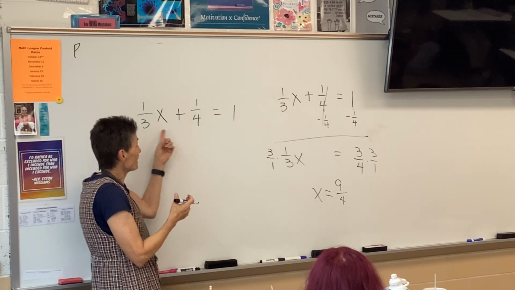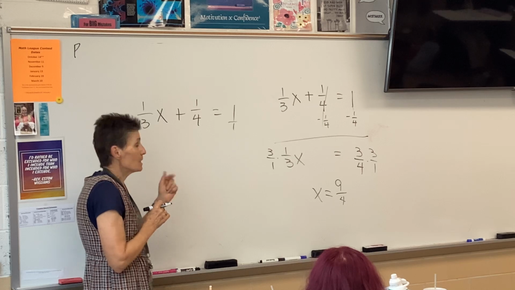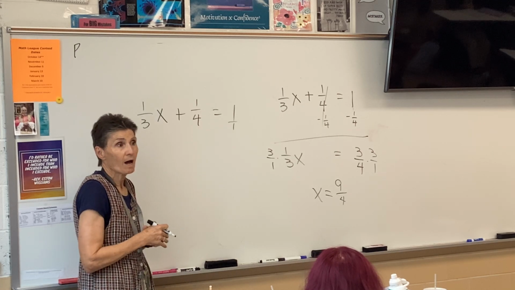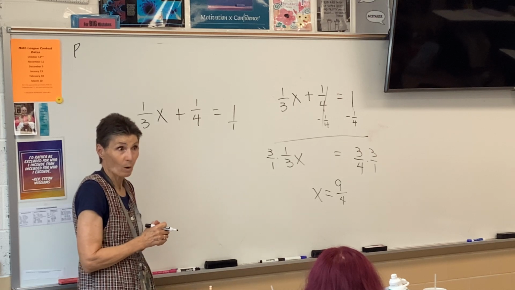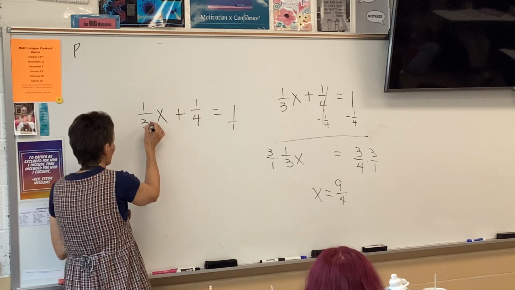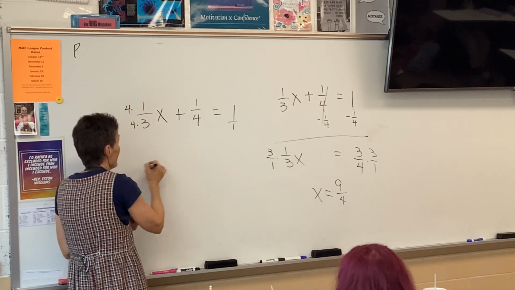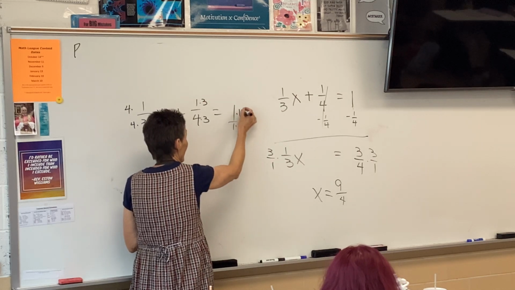So I'd rather make all my denominators match. I have a 3, a 4, and a 1. What is the common denominator for 3 and 4 and 1? 12. So I'm going to multiply this one by 4, this one by 3, and this one by 12.